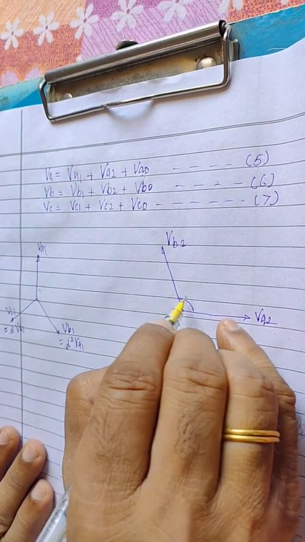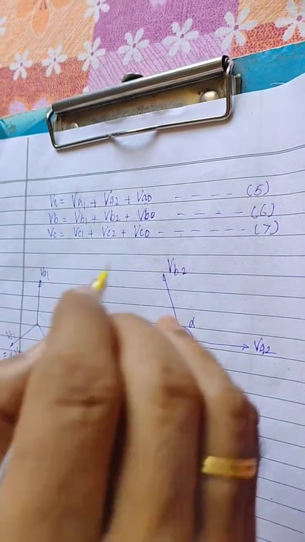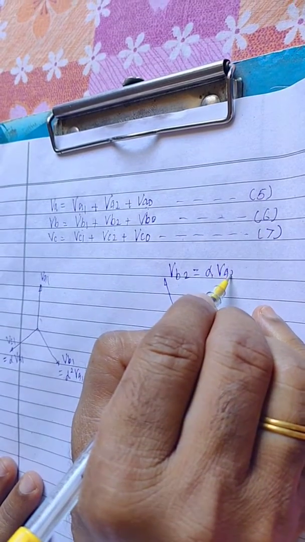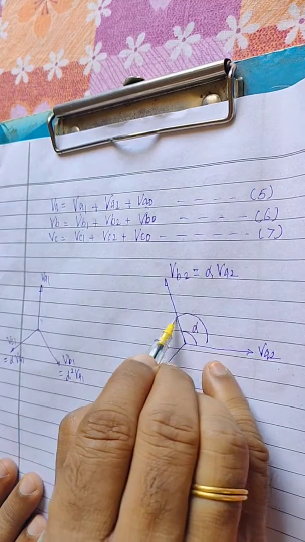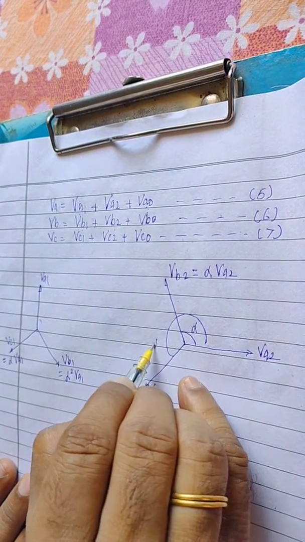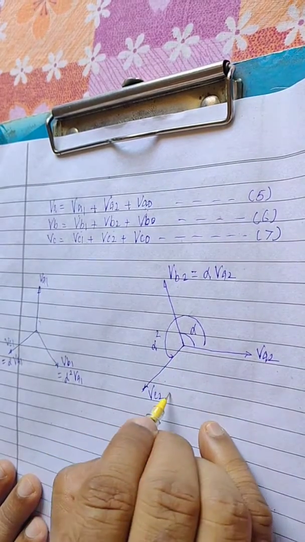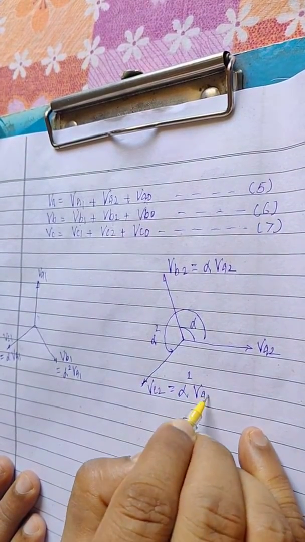This is alpha, 120 degrees. So VB2 is equal to alpha VA2, and this is alpha square, this is 240. So VC2 is alpha square VA2.